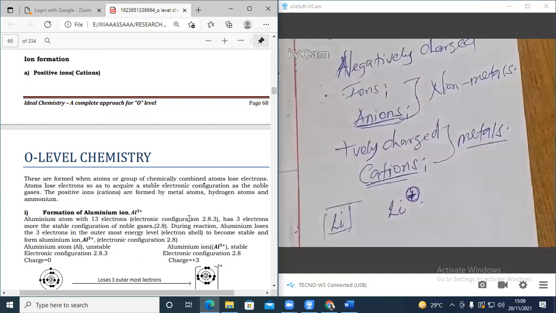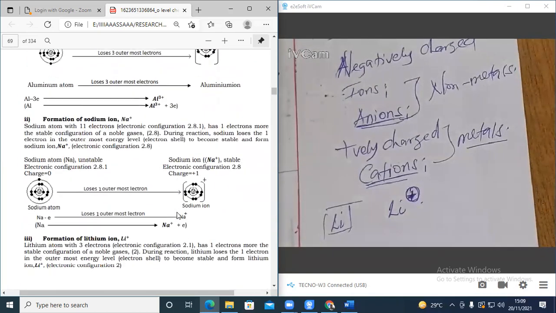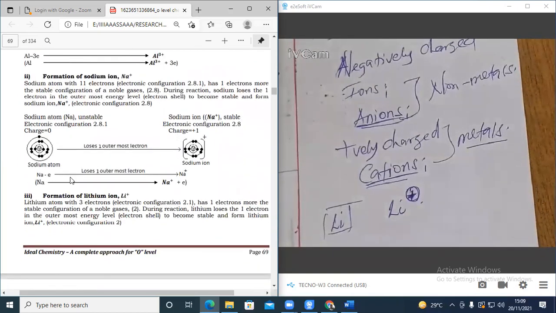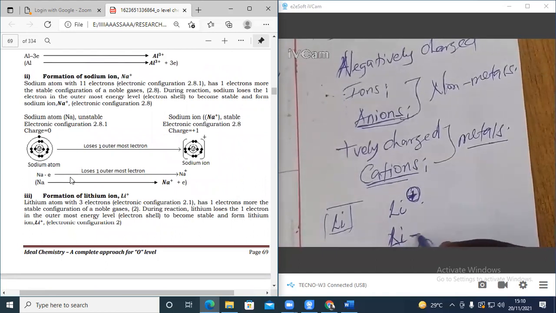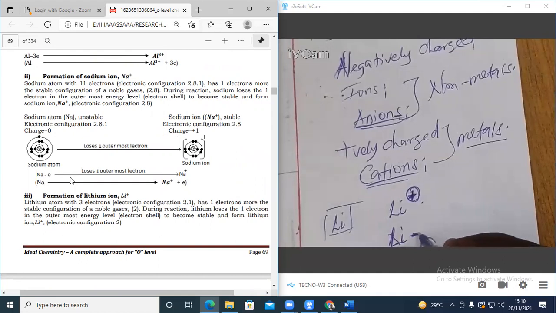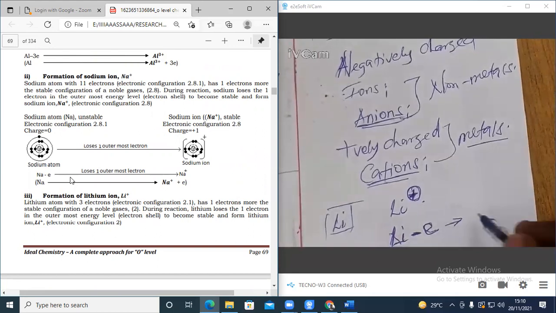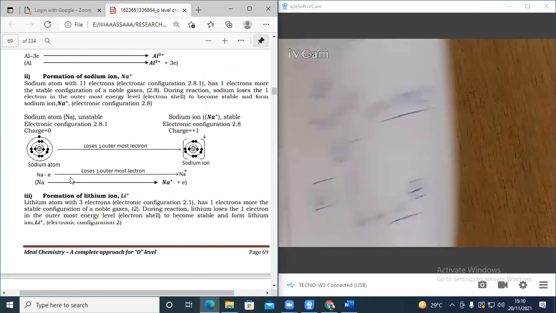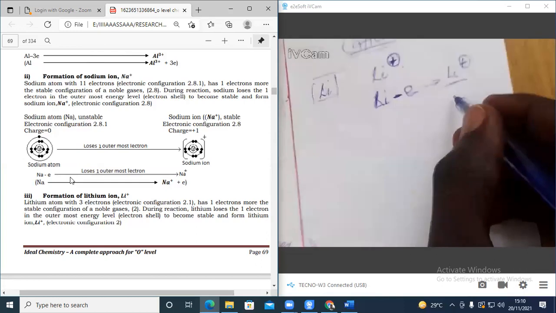When lithium loses an electron, it becomes an ion of lithium, which is Li plus. All ions of group 1 do the same.